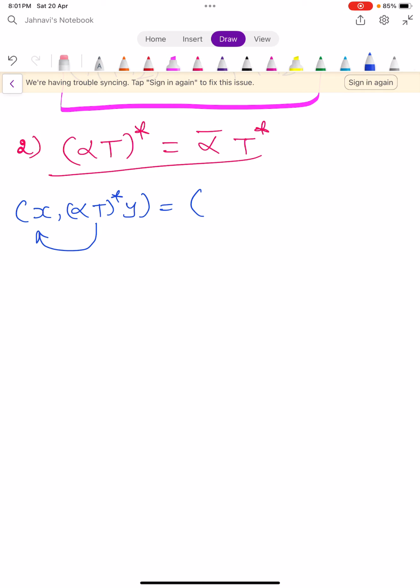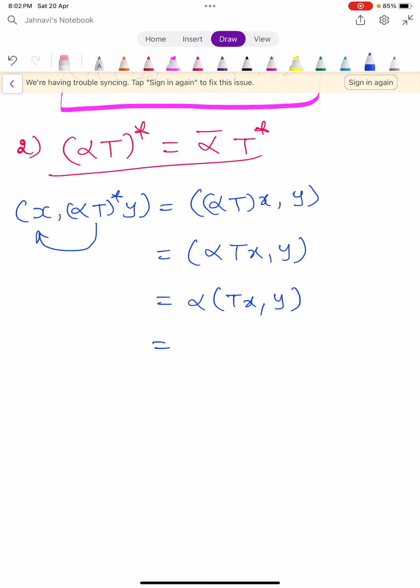Obviously it becomes the inner product of alpha T into x comma y, which is equal to the inner product of alpha Tx comma y. Alpha is a scalar, so write it outside the vector: alpha times the inner product of Tx comma y.